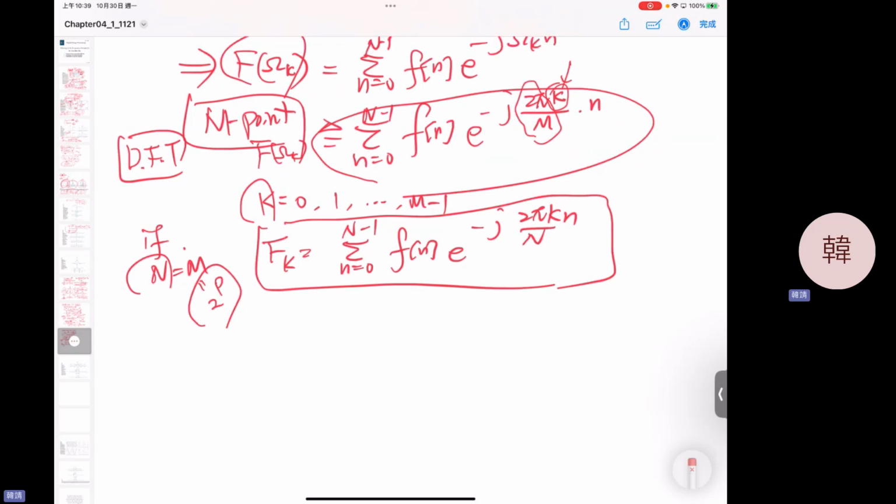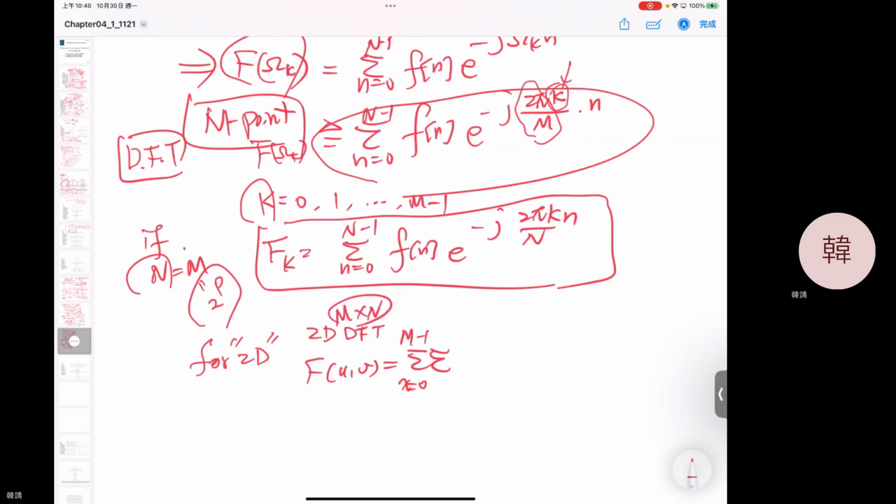Okay, for the 2D, this is for 1 dimension. For a 2D signal, for an image, a 2D signal. So what's the 2D DFT? You can see in our class book we use u v as our new spectrum parameters, and it becomes a summation. So x from 0 to m minus 1 because we have m by n. The final is an m by n image, okay, without padding yet.